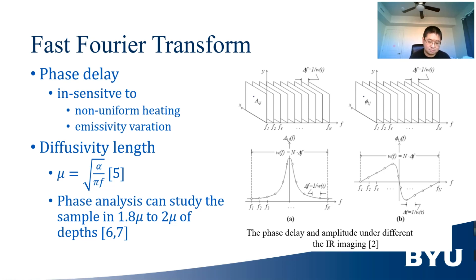There's also another concept here: a thermal wave with a certain frequency is able to probe into 1.8 mu or 2 mu of depth. Mu means diffusion length. It is a function of thermal diffusivity and frequency.